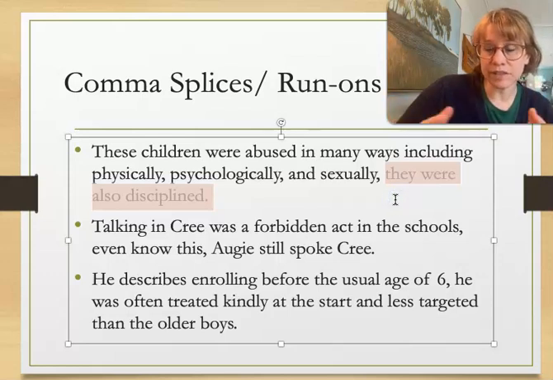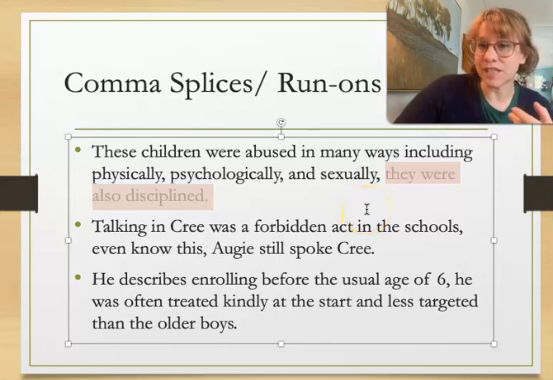So you have two sentences incorrectly joined together with a comma. You'll remember we did talk about this: you can use a semicolon, or you can add a conjunction, one of those FANBOYS that we talked about: for, and, nor, or, yet, but, so. Those words can go in there.